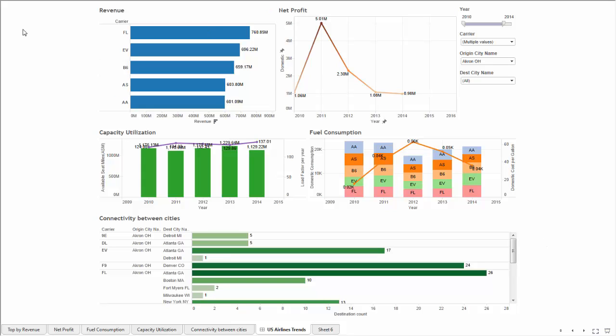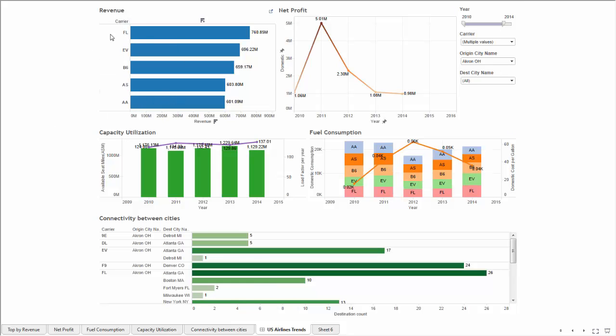We have 5 different visualizations which help them assess the revenue and net profit of any particular carrier, their utilization levels, the connectivity, and also the fuel consumption, which would help them plan their operating expenses. They can also see how to make maximum utilization of the available seat miles, which cities are connected, and which cities have the least number of flights, and they can assess based on the passengers and identify the routes that can be served.